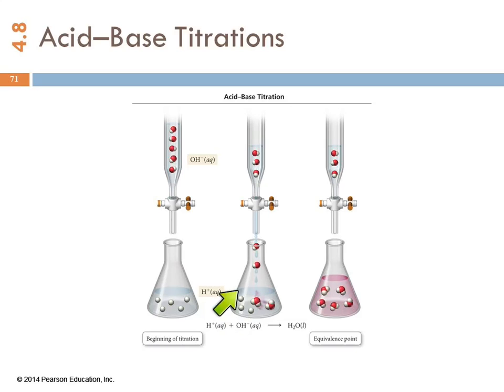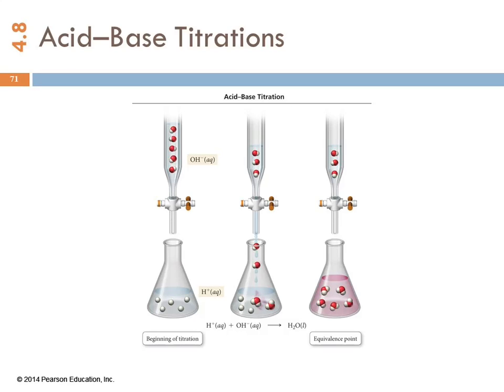And so everything just kind of goes along, and we still have extra hydrogen ions, so it's an acidic solution. When we get to the point where we've added just enough of the hydroxide ions to use up all the hydrogen ions, we've reached the equivalence point where we have a stoichiometric ratio.